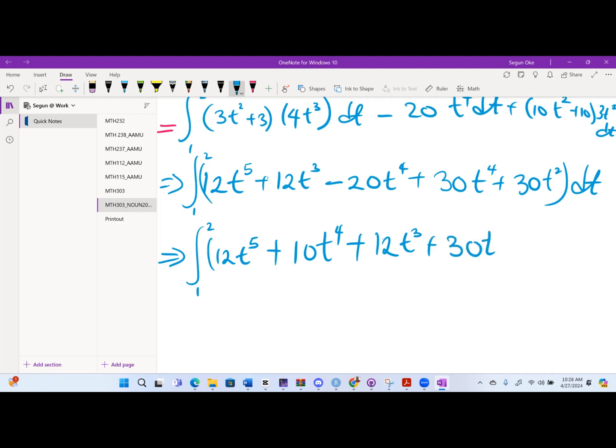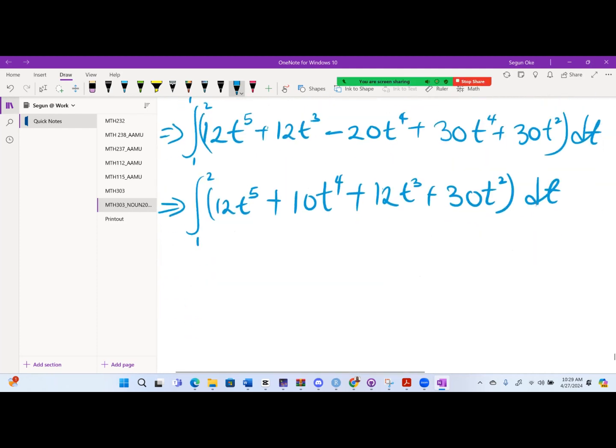Plus 30t squared. If you don't take your time, you will miss it at this point. You have to be patient and make sure you are precise. So look at the way we solve it one by one.